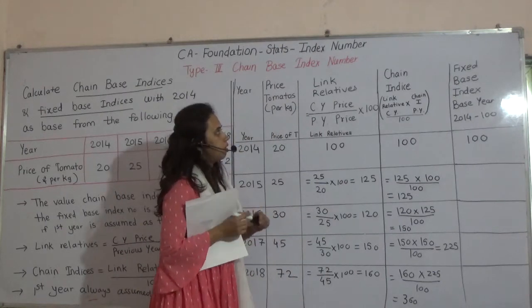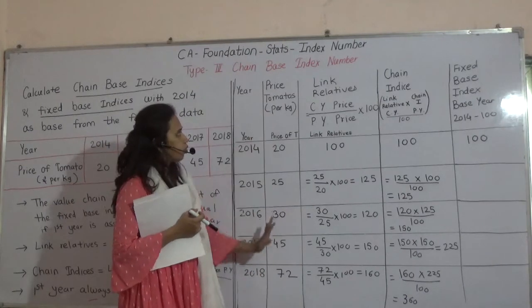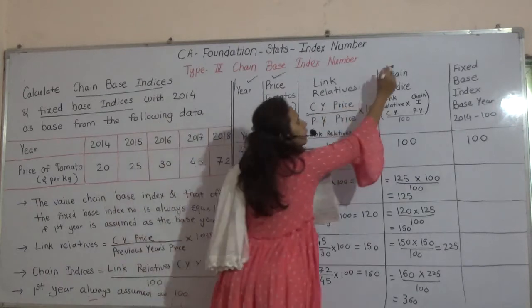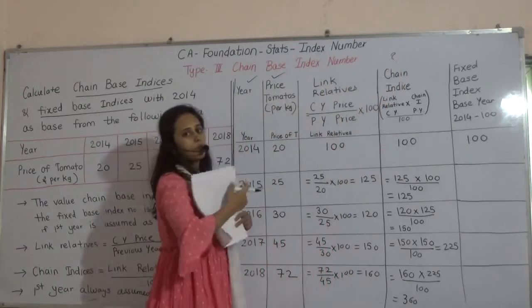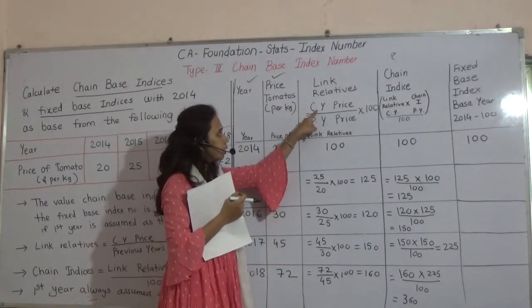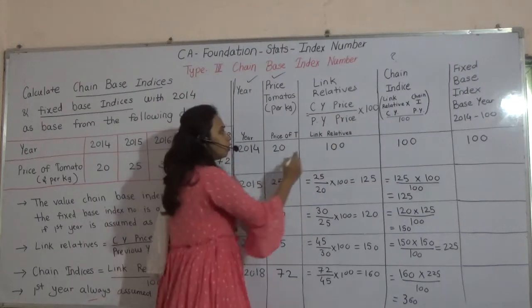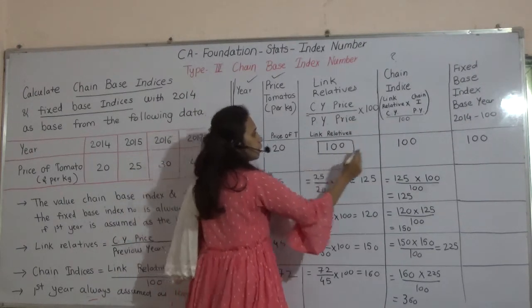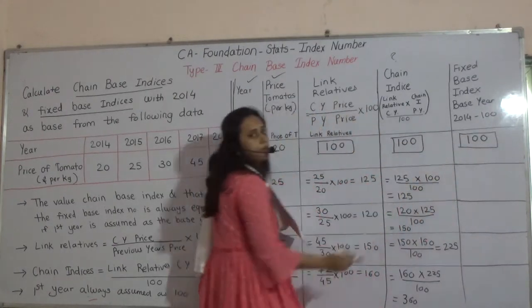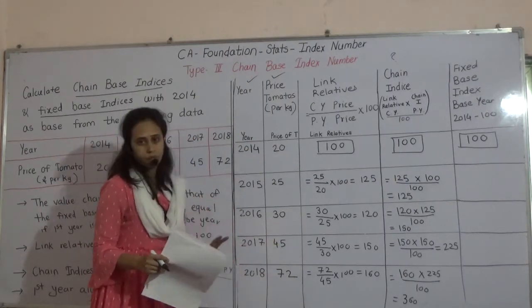Please see carefully what I have done here. Price is already given. They have already given this data. For calculating this, what I have done, I have first calculated link relatives. What is the formula for link relatives? Current year price upon previous year price into 100. Remember one thing, for the first year, we have to assume it as 100 and afterwards we will start calculating.